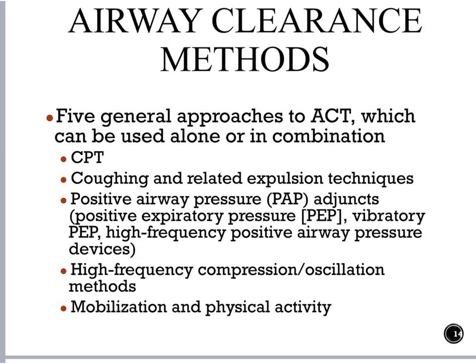Okay, so there are 5 general approaches to airway clearance therapy. They can be used individually or combined with each other. Today we are just going to go over CPT, but we also have coughing and breathing techniques, positive airway pressure adjuncts, which are PEP devices, vibratory PEP, high frequency positive airway pressure devices.